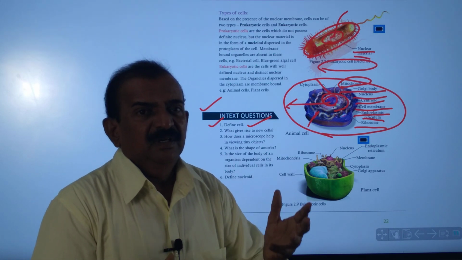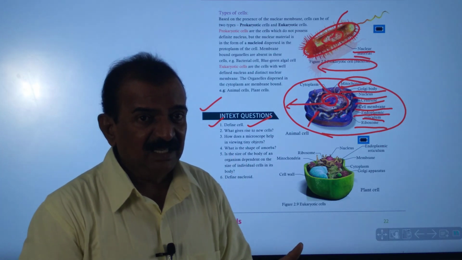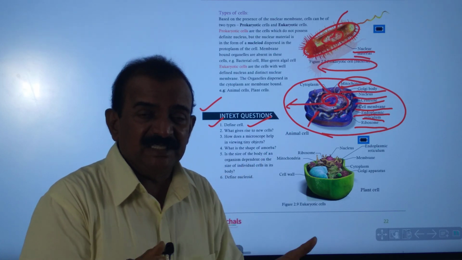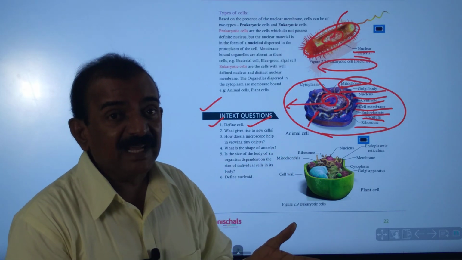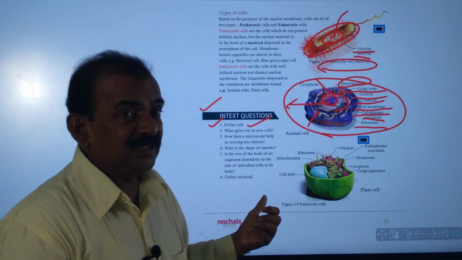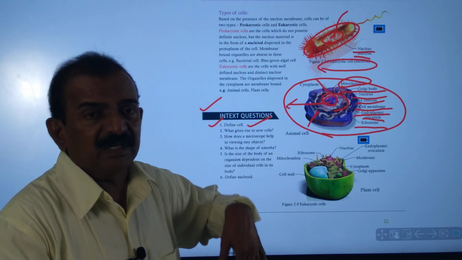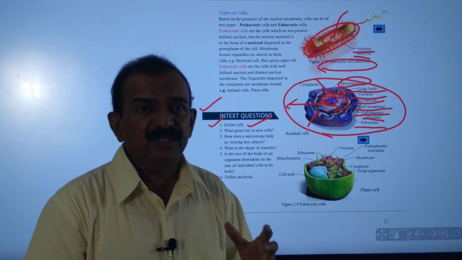We observed and examined what a plant cell is and what an animal cell is, and we also discussed different types of cells and shapes of cells, and also the difference between prokaryotic cells and eukaryotic cells, and we also discussed the in-text questions, so we clearly understand the concepts given in this chapter, cell the basic unit of life.